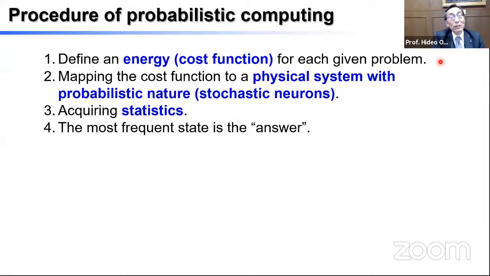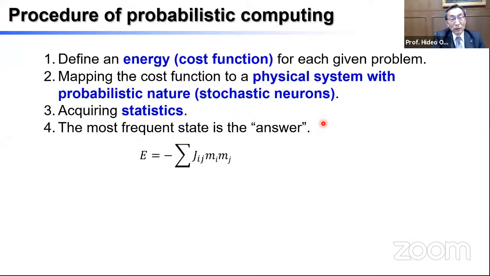In our case, very often it's called stochastic neurons, and in our case, our magnetic tunnel junction plus a transistor associated with it. Then you acquire statistics, and the most frequent state that is showing up is your solution.